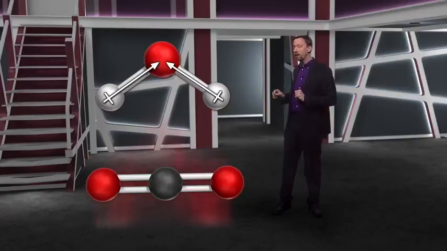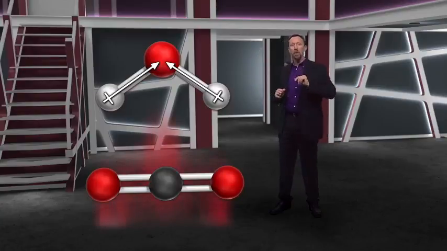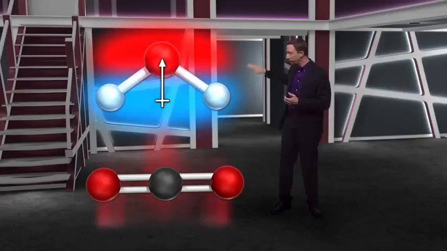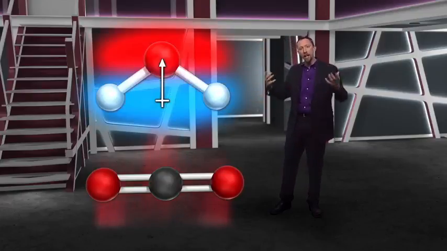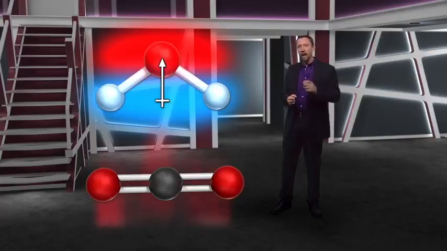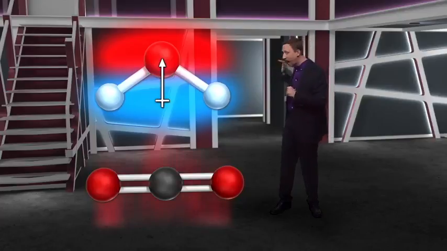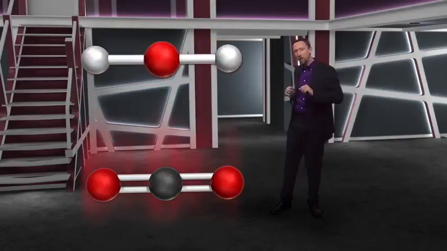And the fact that water is an AX2E2 molecule means that it has this bent geometry. This means the molecule itself has a more positive region down here and a more negative region up here in its overall electron cloud. Now, if the OH bonds instead pointed in opposite directions, their dipoles would cancel over the molecule. But they don't.